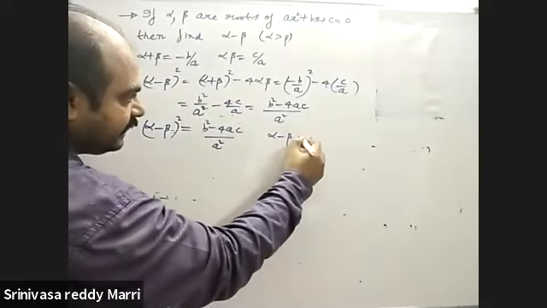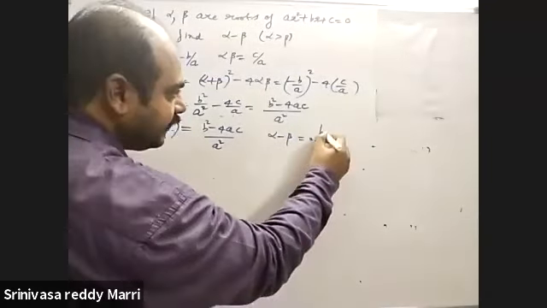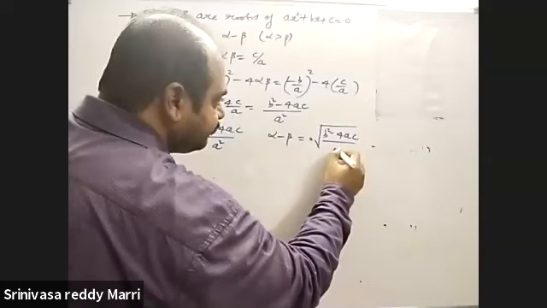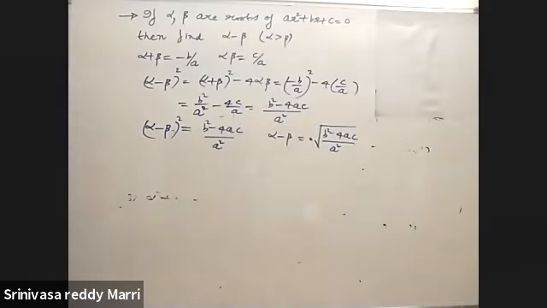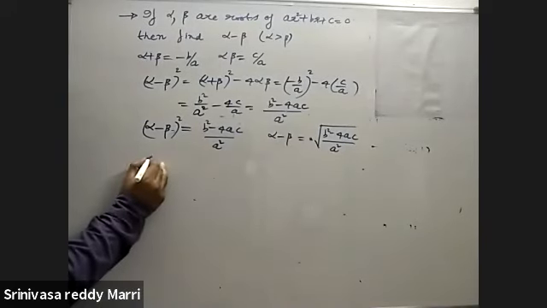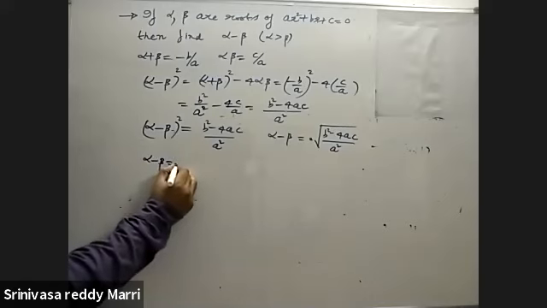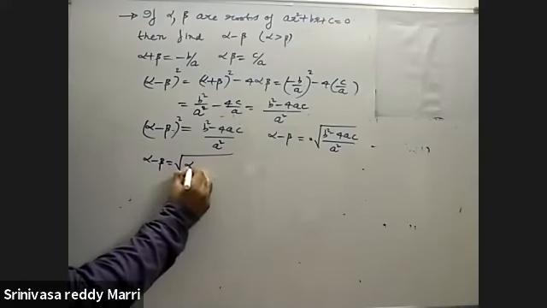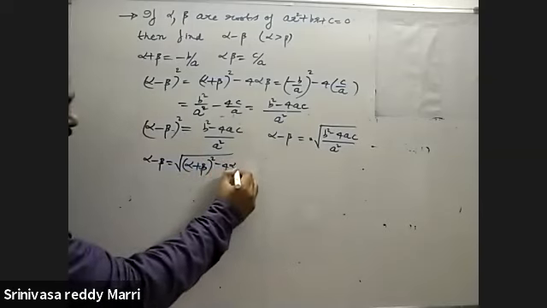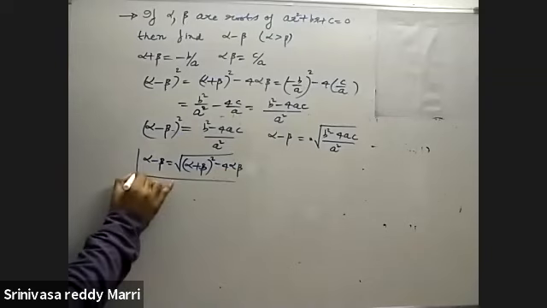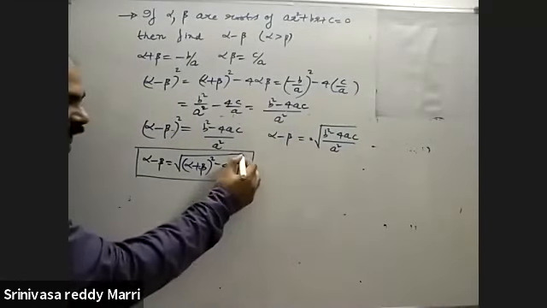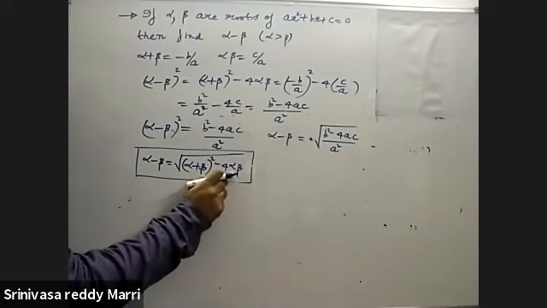From this you can calculate alpha minus beta is root of b square minus 4ac divided by a square. That is the value of alpha minus beta. Simply, whenever alpha minus beta comes, you write the formula like this: alpha minus beta can be written as root of alpha plus beta whole square minus 4 alpha beta.